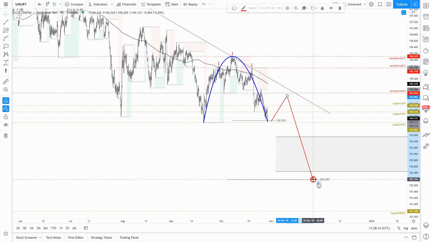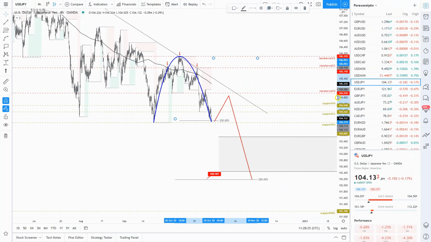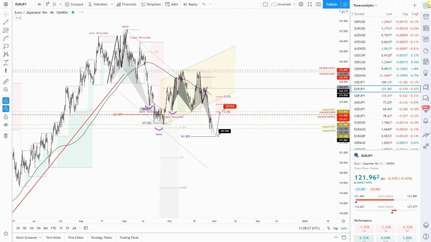And well, this is the magnitude of the potential fall for that pattern for dollar versus yen. Let's observe that one.